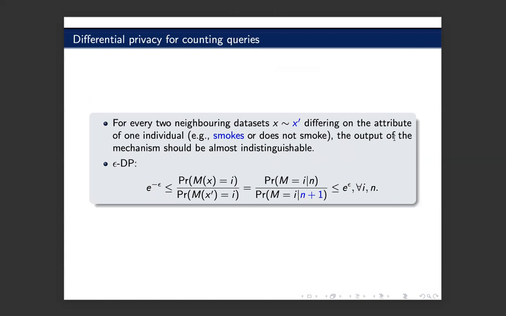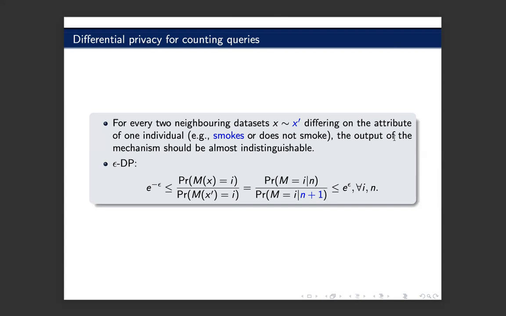If we have two databases X and X dash that differ in the attribute of one individual, let's say one person smokes and in the other hypothetical data set the person doesn't smoke, the number of people who smoke is n versus n plus 1. So differential privacy is where the ratio of reporting the same value i, given the data set has n people with that attribute or n plus 1 people with that attribute, is bounded.